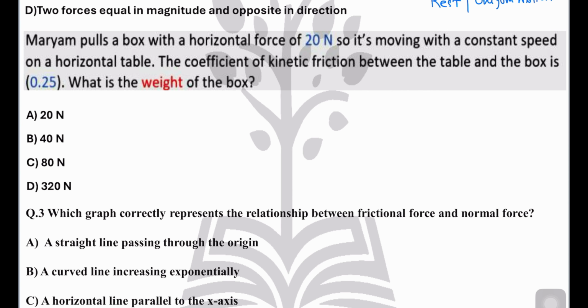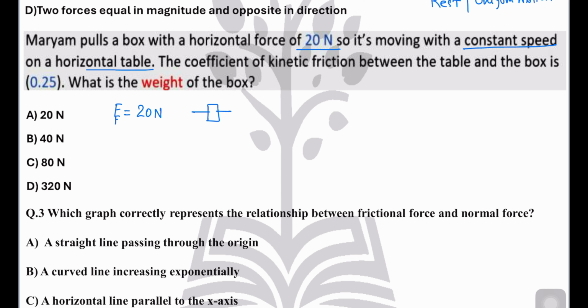Okay. Next question. Mariam pulls a box with a horizontal force. Force is given, F is equal to 20 Newton. It is moving with a constant speed on a horizontal table, which means both the forces are balanced. So it is called friction force.